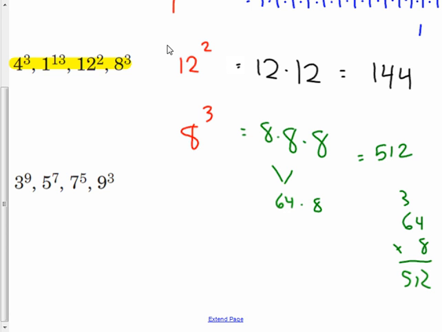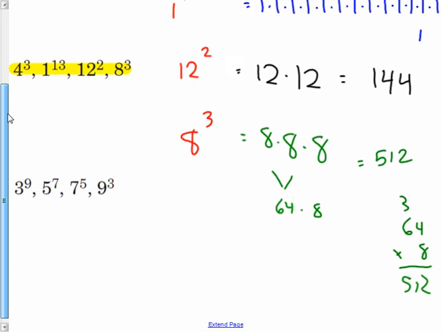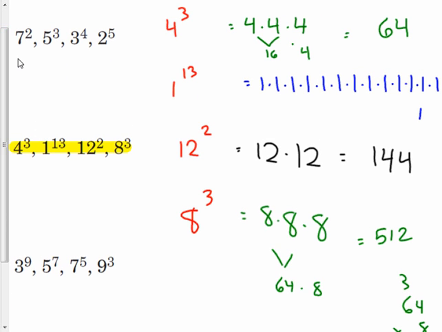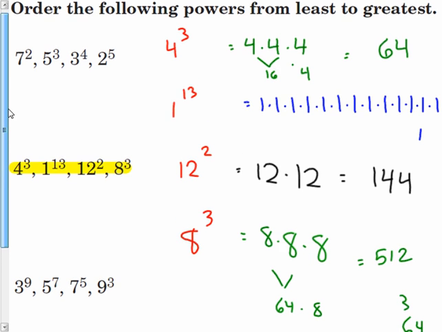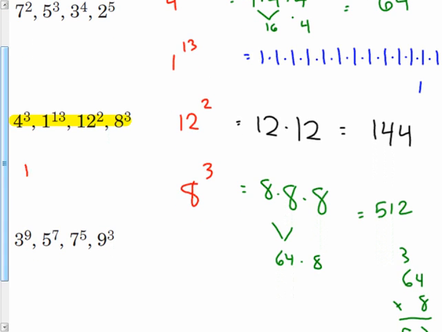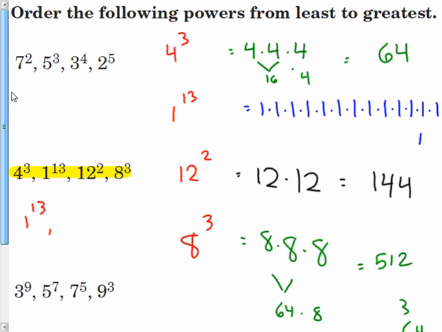Now, finally, I can actually put them in order from least to greatest. It looks like my smallest is 1 to the 13th, obviously, because that's just 1. Then I have 64, which is 4 to the power of 3.